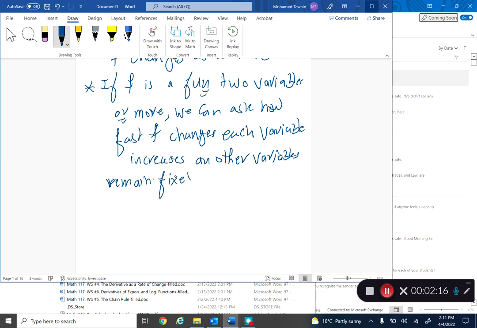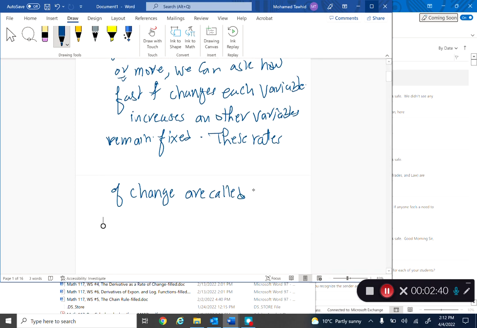So what happens if one of the variables increases and the other variable is fixed? This rate of change is called the partial derivative. That is the definition of the partial derivative of f.